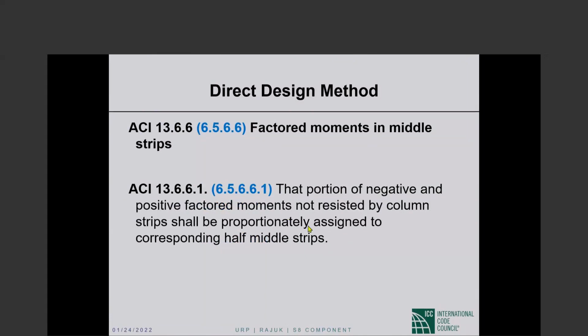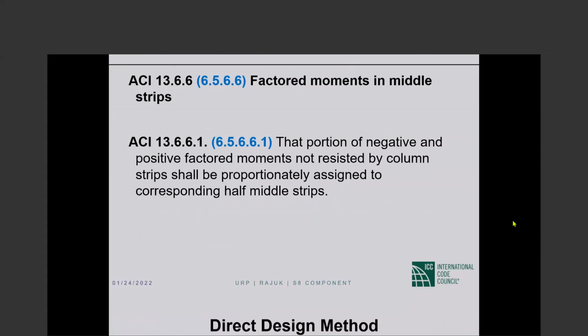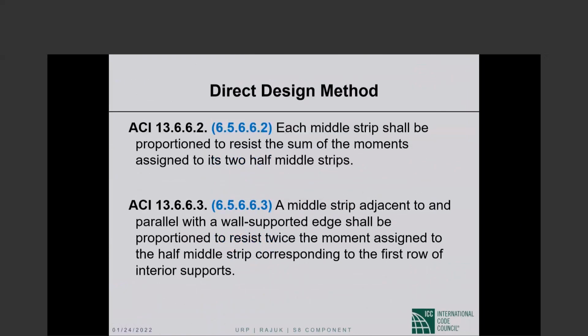So anything that doesn't go to the column strip goes to the middle strip. Each middle strip shall be proportioned to resist the sum of moments assigned to two half middle strips. That is pretty much common sense.